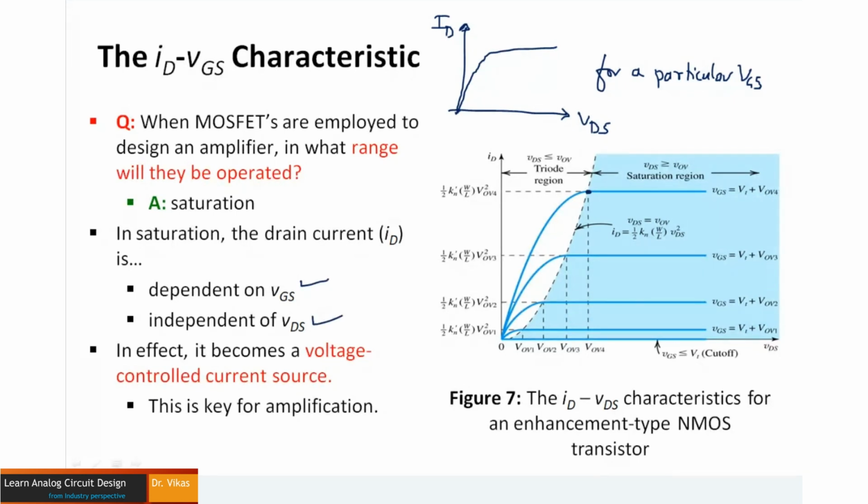So in such an idealistic scenario, I can consider my MOSFET as a voltage controlled current source in the saturation region.